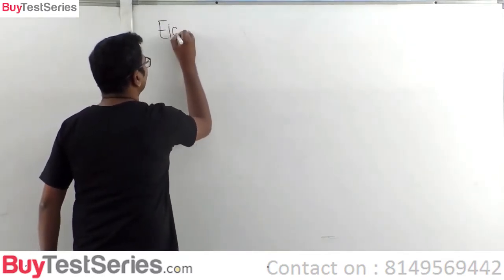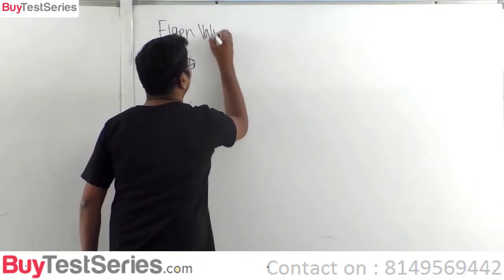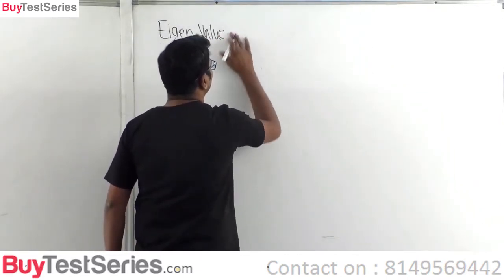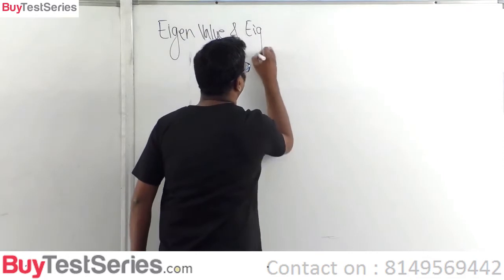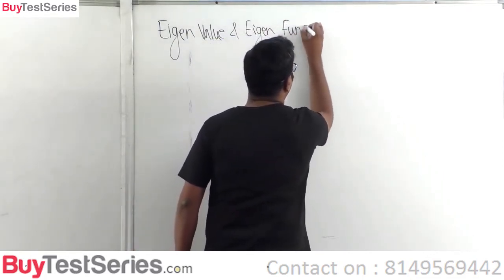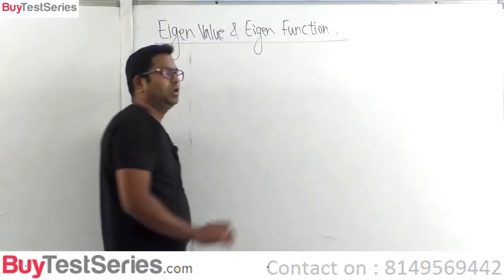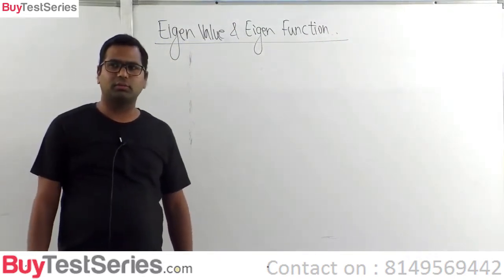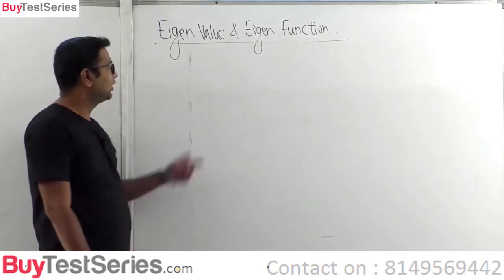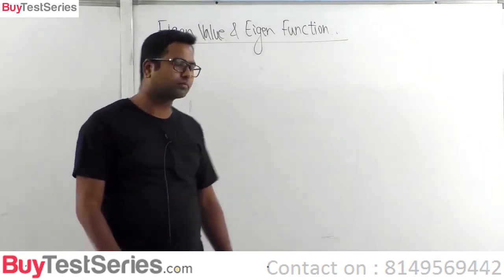Before we begin Laplace transform, we have to understand the origin of Laplace transform. In order to understand the origin of Laplace transform, we will be looking at a topic called eigenvalue and eigenfunction.